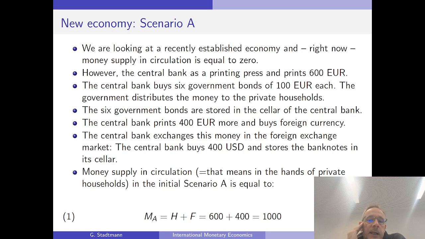So money supply in circulation, that means in the hands of the private households, in the initial scenario A is equal to the home component plus the foreign component. So it's 600 plus 400, which is 1,000 euros.